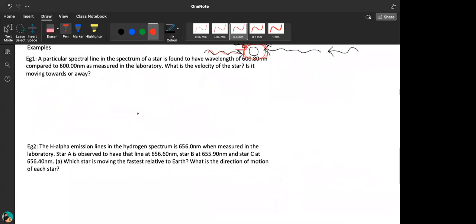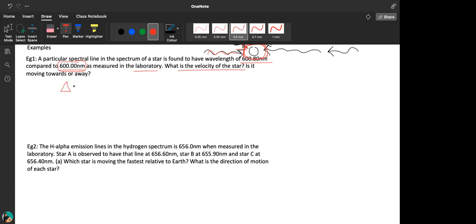Example 1: a particular spectral line in the spectrum of a star is found to have wavelength 600.8 nanometer, compared to 600 nanometer measured in the lab. So that means this is the actual. What is the velocity of the star?